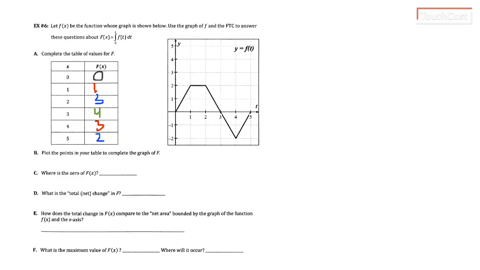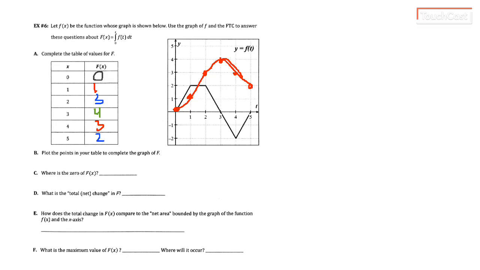So I have a point at (0, 0), at (1, 1), at (2, 3), at (3, 4), (4, 3), and (5, 2). So now we can connect them, and we've got the start to our graph of big F.